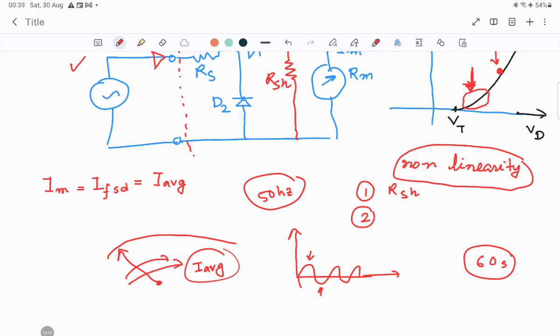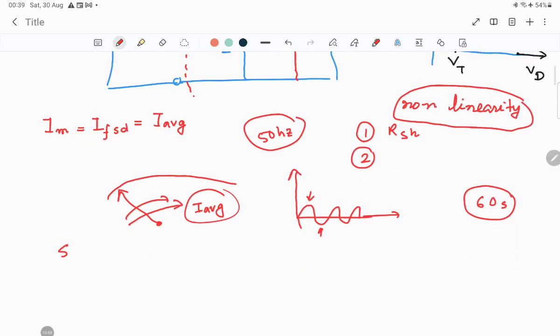Instead, it will follow the average signal. So in the AC voltmeter you will not see any back and forth deflection; instead, you will see the average value. And that is only possible due to the pointer's inertia, which ultimately helps you get a smoother transition.